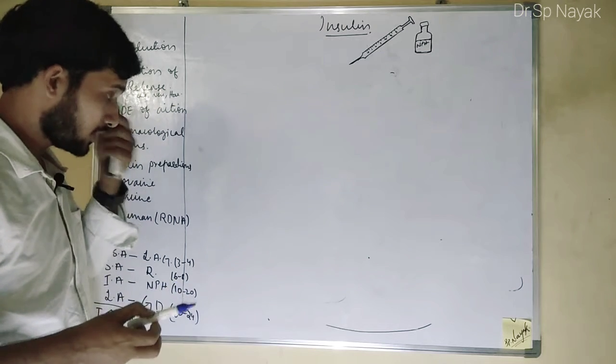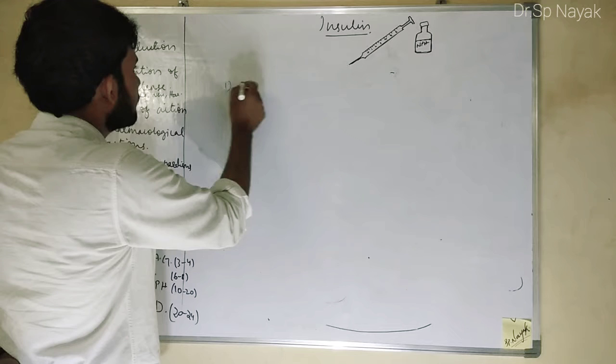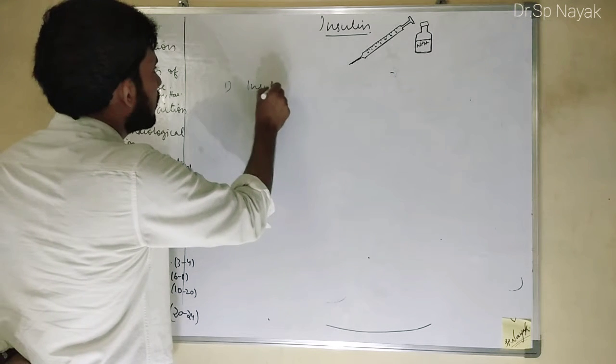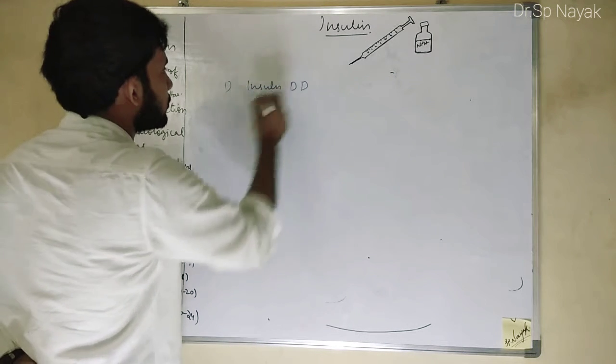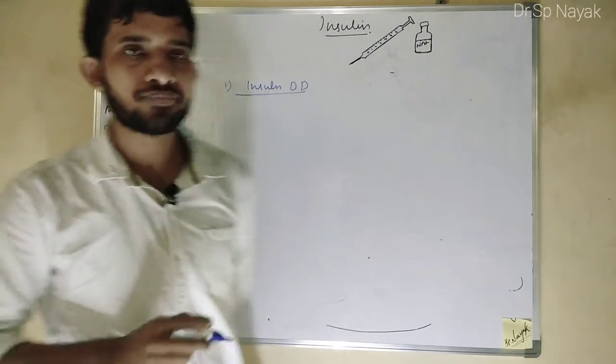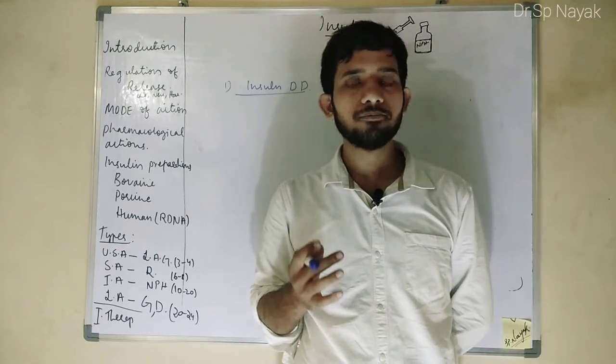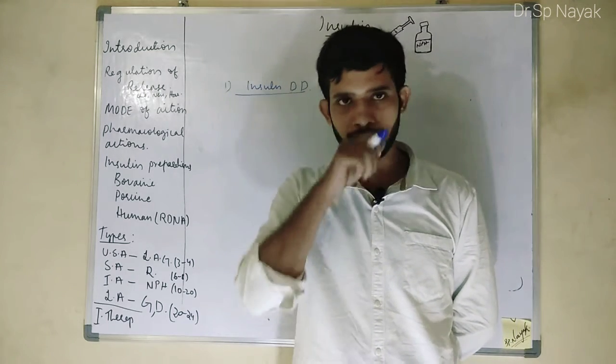The first concept about insulin we have to understand is the insulin daily dose. What is insulin daily dose? It is the amount of insulin required by a patient per day.